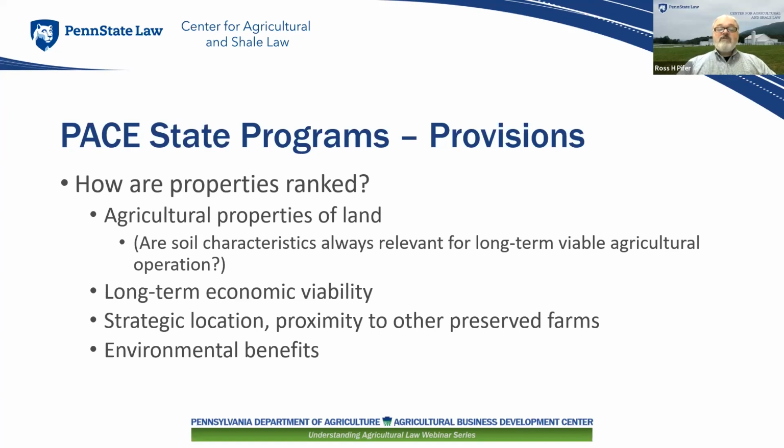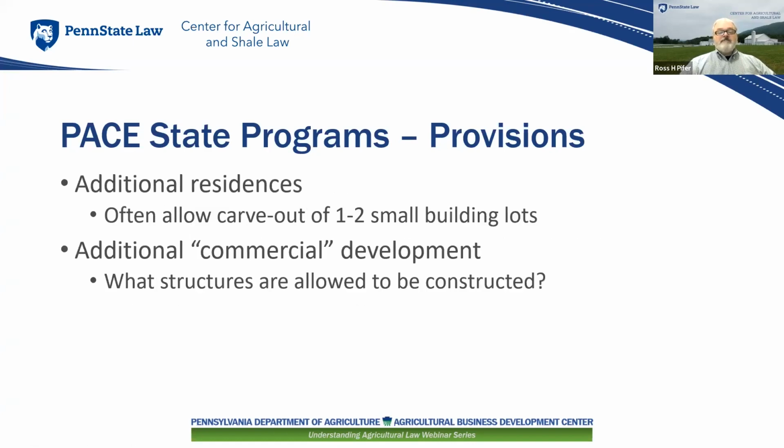So we look at the agricultural characteristics, some of the economic issues that bear on that, and the location, sometimes looking at the proximity of other farmland and other benefits that are going to be realized from committing the public resources to this land.